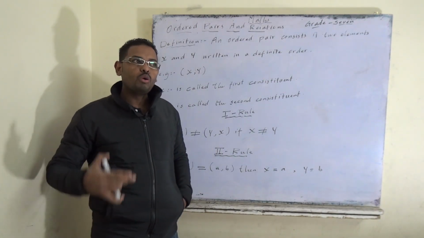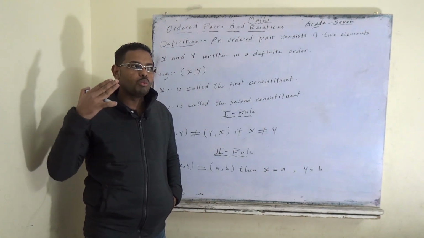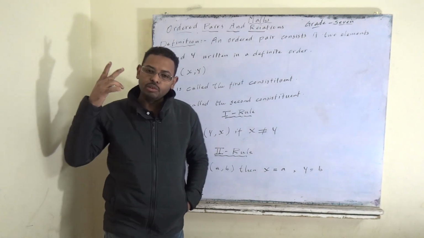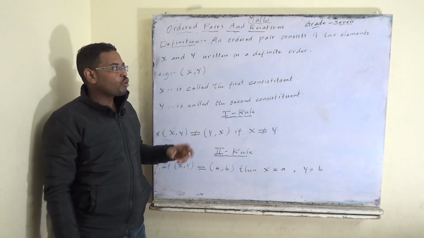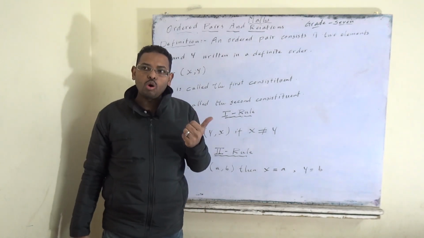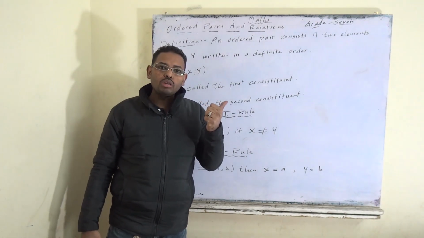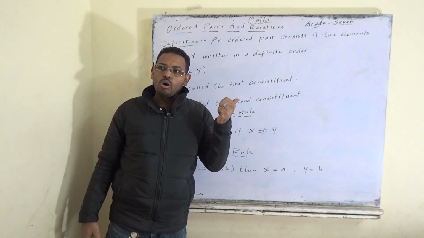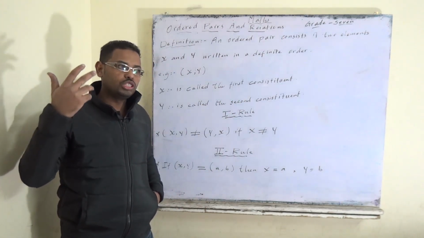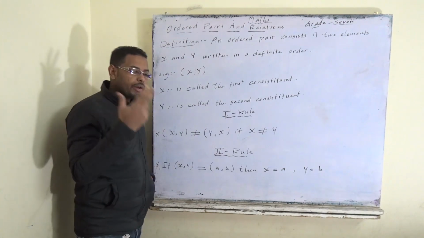When we say pair, from the word, we mean two. The word pair means two. Therefore, from the word pair, we know that an ordered pair already has two numbers.